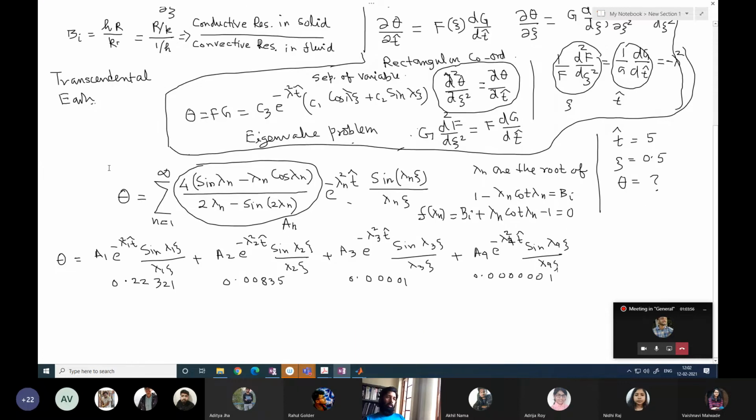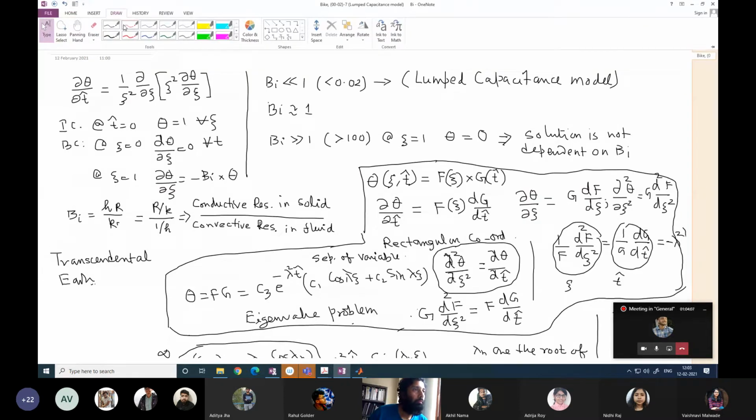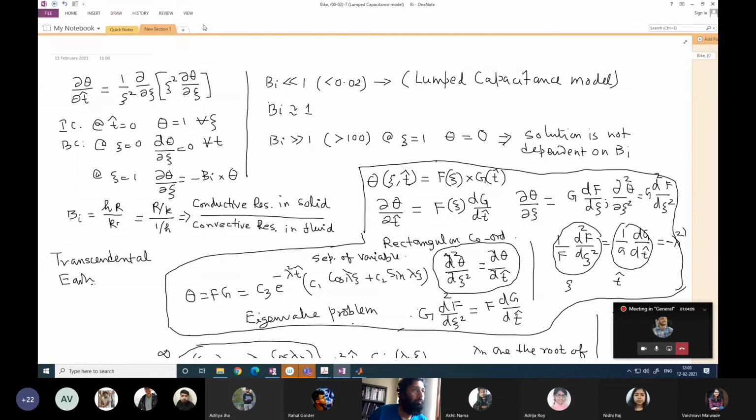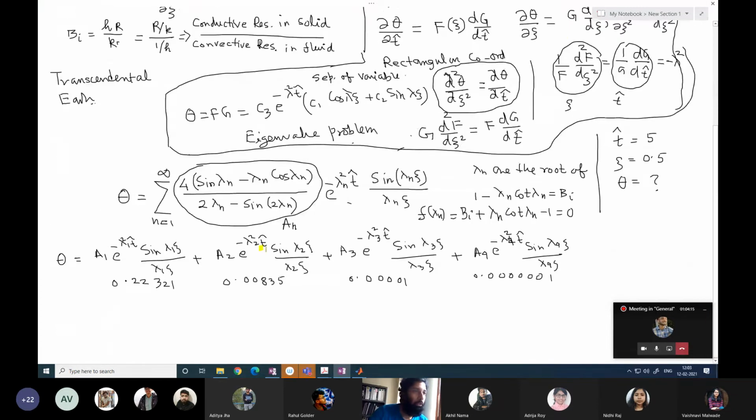But we will take the solution, and this is the solution of the differential equation that we are talking about.